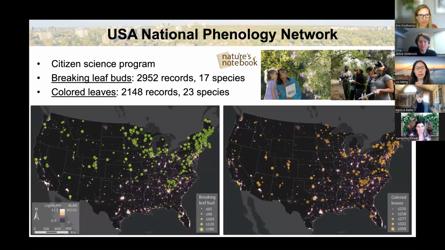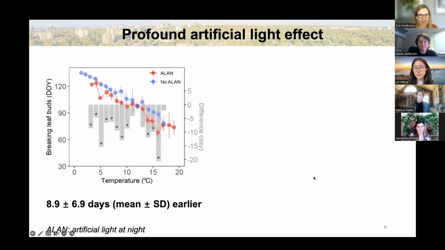And then I selected 2 phenological events, breaking leaf bud and colored leaf, from Nature's Notebook. And then I overlaid my phenology observation and the artificial light map. So you can see those green dots are the locations where I have breaking leaf bud observations, and the orange dots are the ones where I have colored leaf observations.